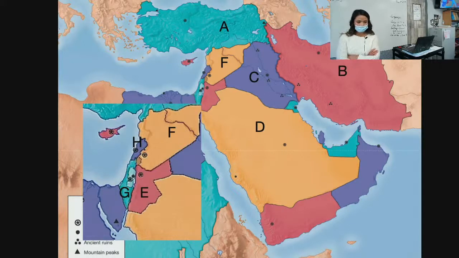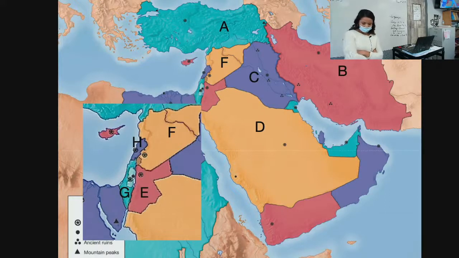You see Jordan in the little box? Olive? The capital of Amman. Okay. Highlight Israel, highlight Jerusalem, highlight Lebanon, and the capital city of Beirut.